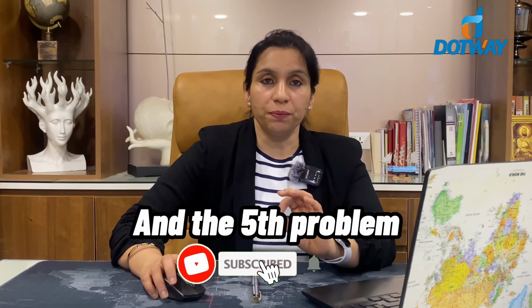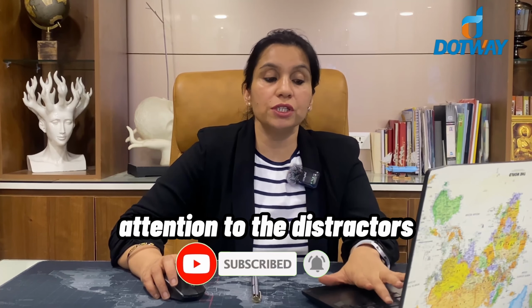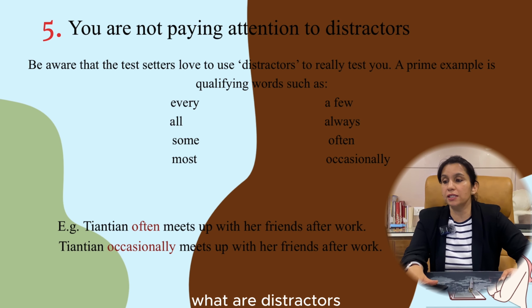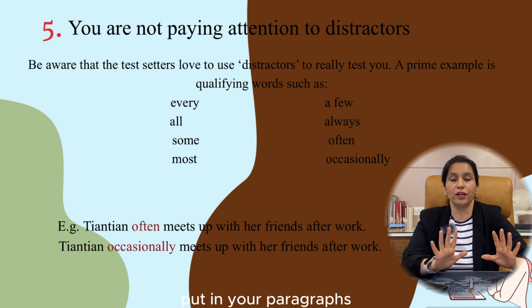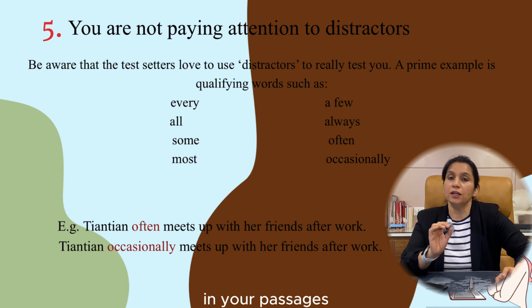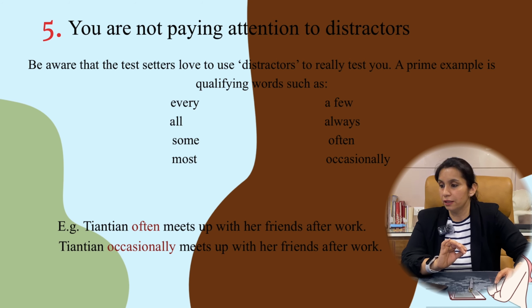And the fifth problem which students normally make is they're not paying attention to the distractors. Now what are distractors? Distractors are words that the examiners have deliberately put in your passages to confuse you. These are qualifying words like every, all, some, most, a few, always, often, occasionally.